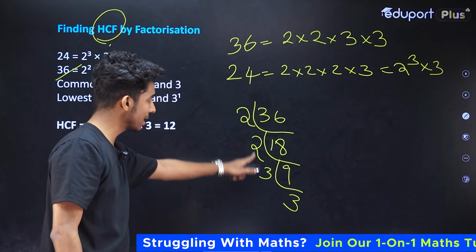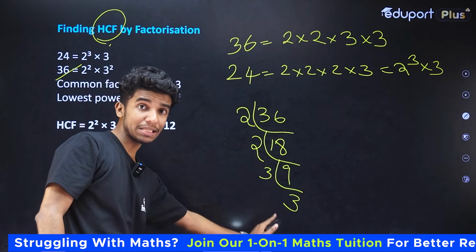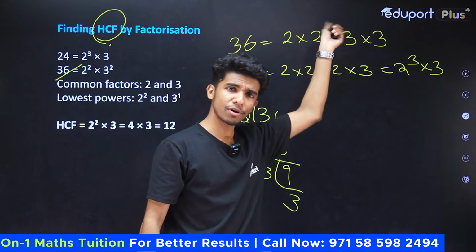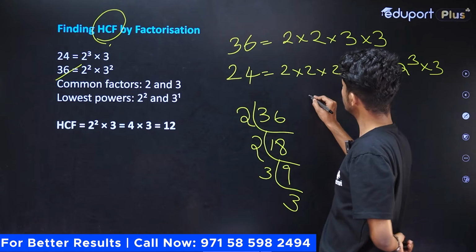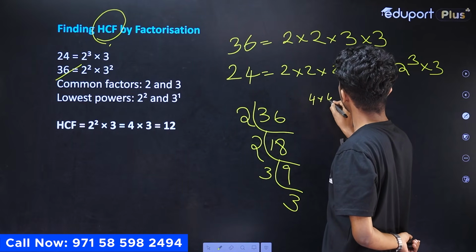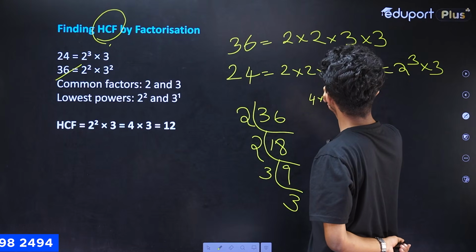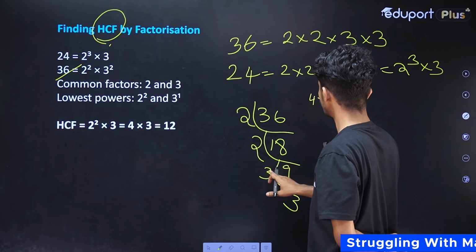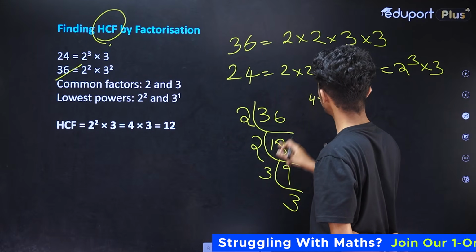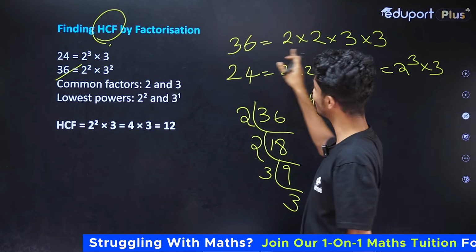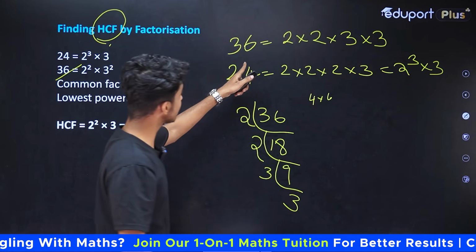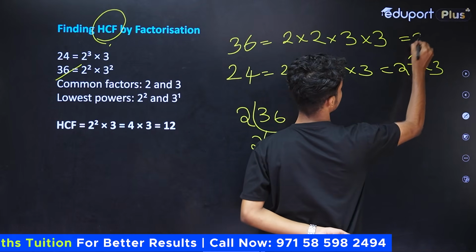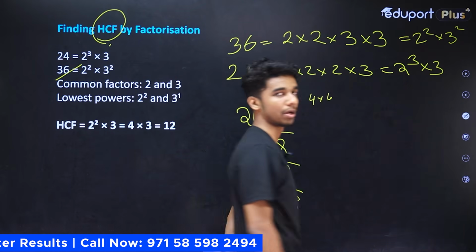Let me check by multiplying: 2 into 2 is 4, 3 into 3 is 9, and 9 into 4 is 36. Okay, so 36 can be written as 2 into 2 into 3 into 3, or else 2 square into 3 square.